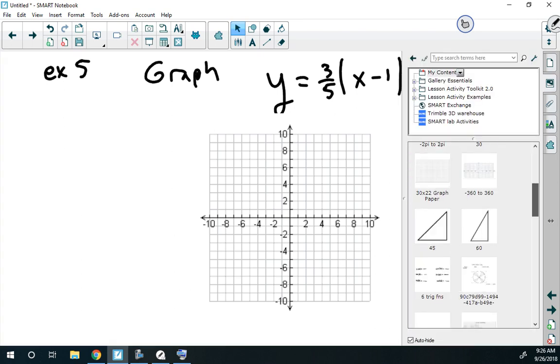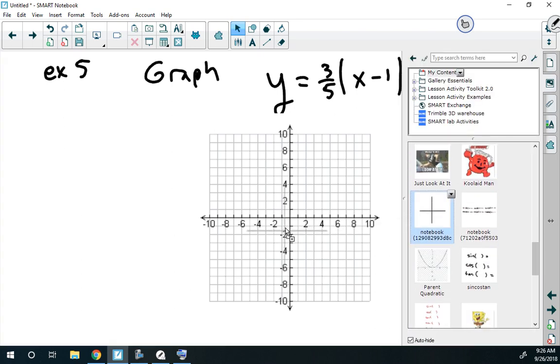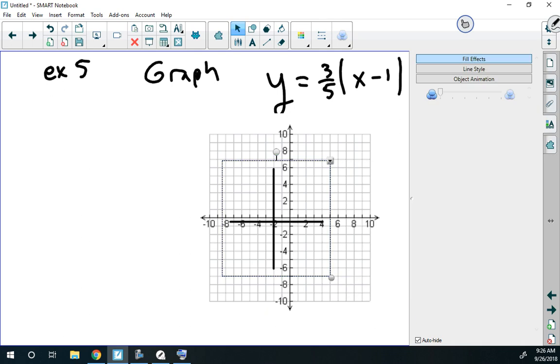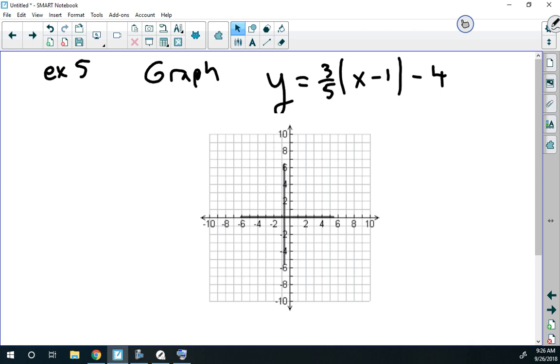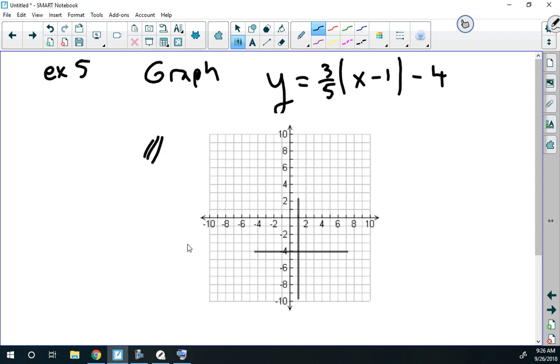Got my crosshairs going. Hopefully we're starting to get the feel for this thing. Where's my crosshairs going to go? Down 4 and right 1. So I'm going to be like Kazuki and pretend that's my new home. One thing I didn't point out earlier, once I establish where my crosshairs are, it's as if I can kind of forget about these other things.